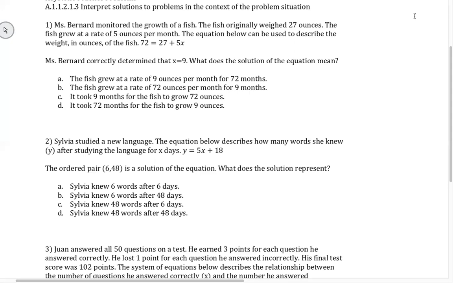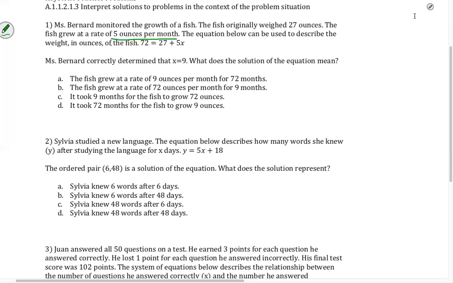Now, notice, do you see, Nate, that the 5 right there says 5 ounces per month. So what do you think X represents? How many months? Month. 5 ounces.